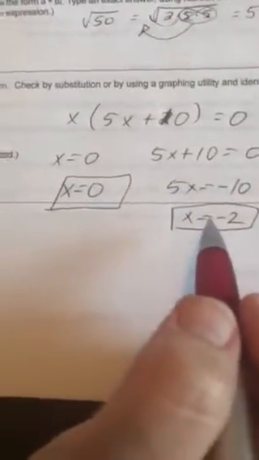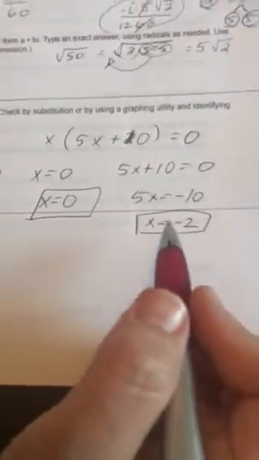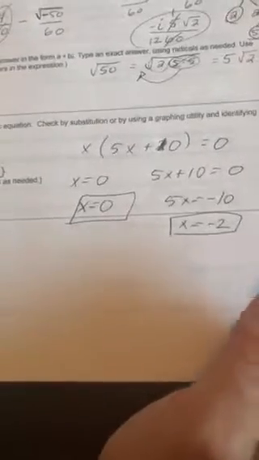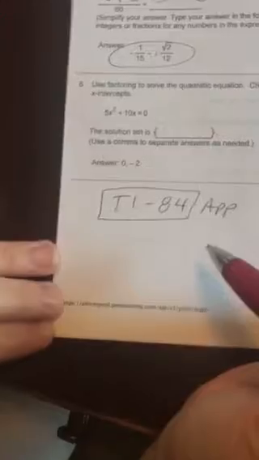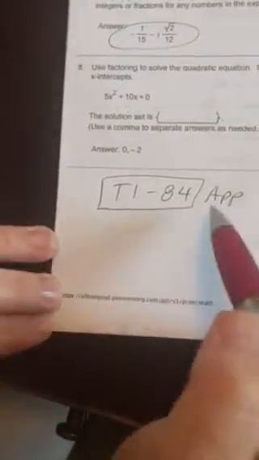It says solve using a graphing utility. So if I used my graphing calculator, there is a free graphing calculator that you can use online. If you use a TI-84, there's a TI-84 app that you can get on your iPhone or any other device, Android device, and it's a free app. Or you can just type in graphing calculator, and you can do that as well.